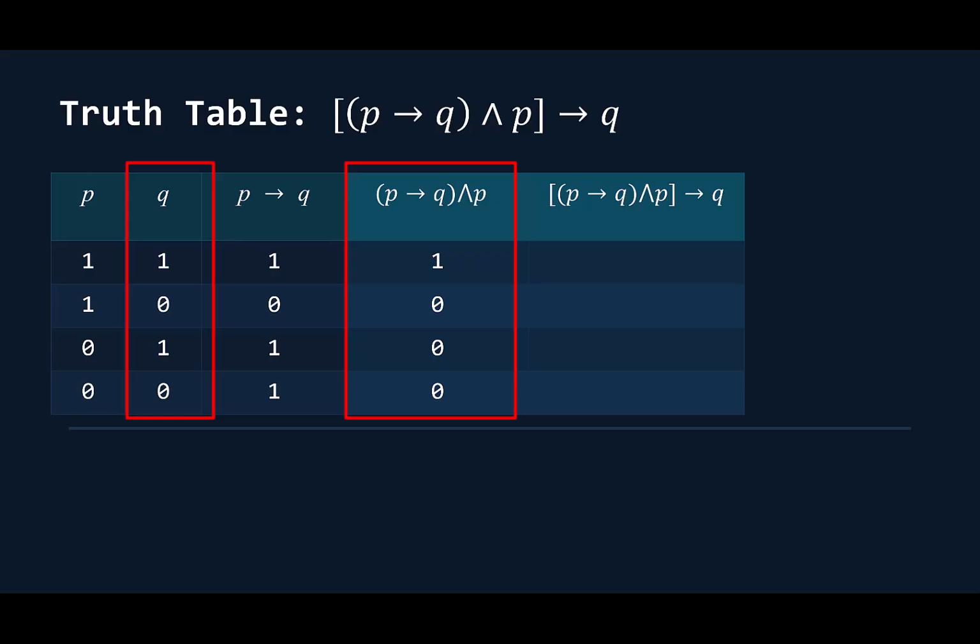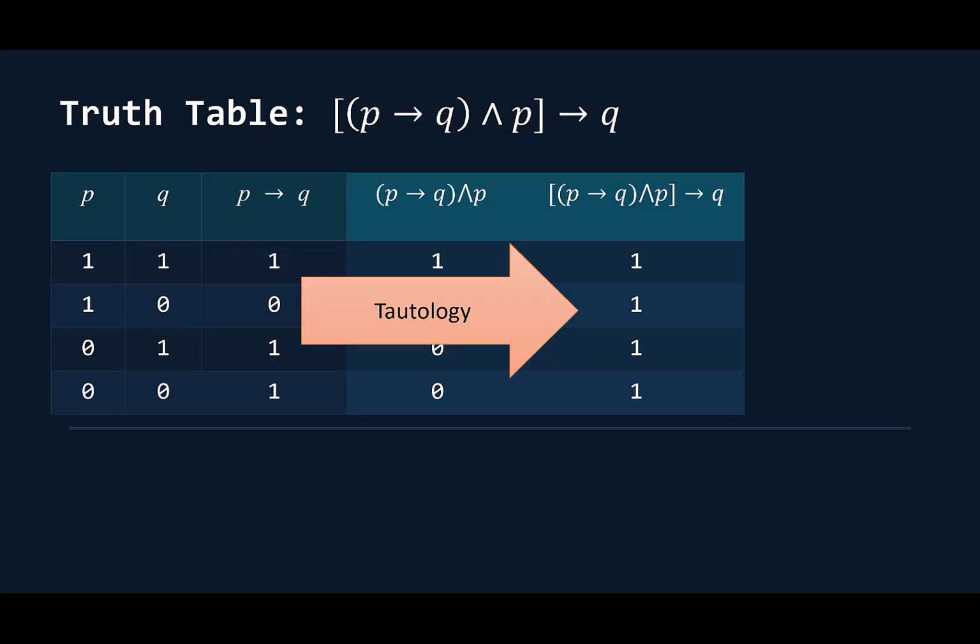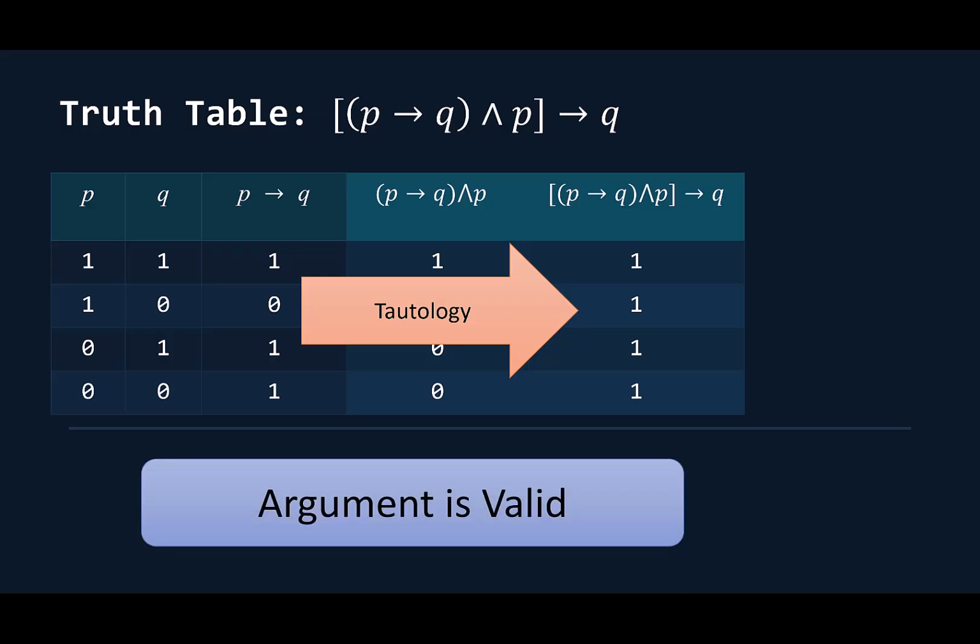False is immediately true when we're using implication, so I really only have to look at the first row. I have true implies true, which is true. Because I have all truths, we call that a tautology. Getting a tautology says the argument is valid. These premises imply this conclusion.